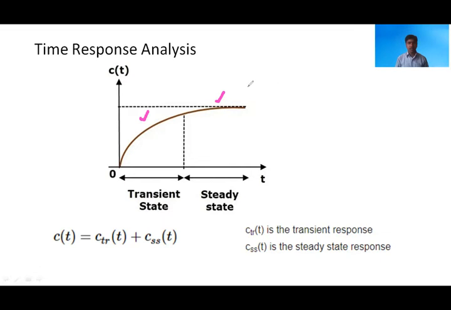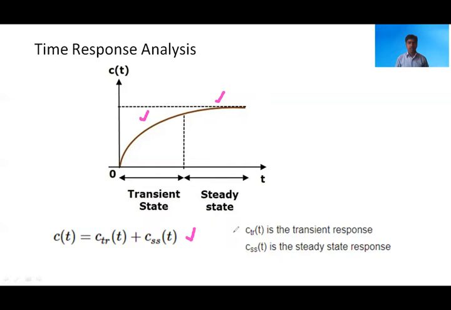So in general, any system, either first order or second order, has a transient state and a steady state. So the response of the system c of t can be written as the sum of the transient response and the steady state response.